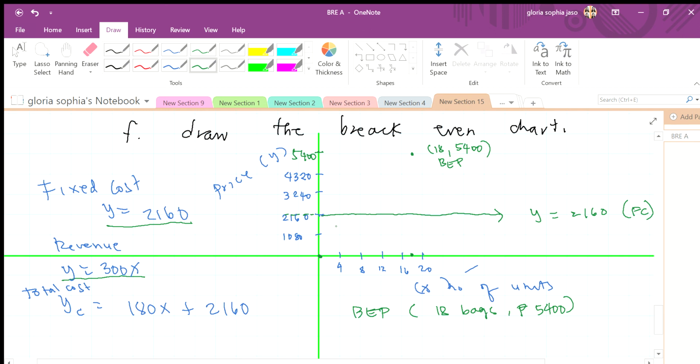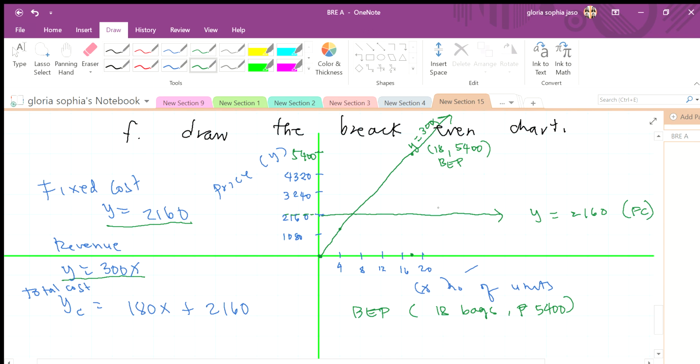So, somewhere here. Since we have 3 points now, we can draw our line. So, this is the y equals 300x, or the revenue line.